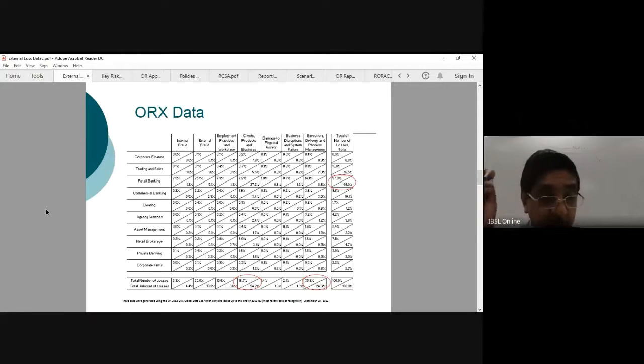They have 10 business lines, of course. Private banking, corporate items, they said. Because of their categorization, they had 10 business lines.